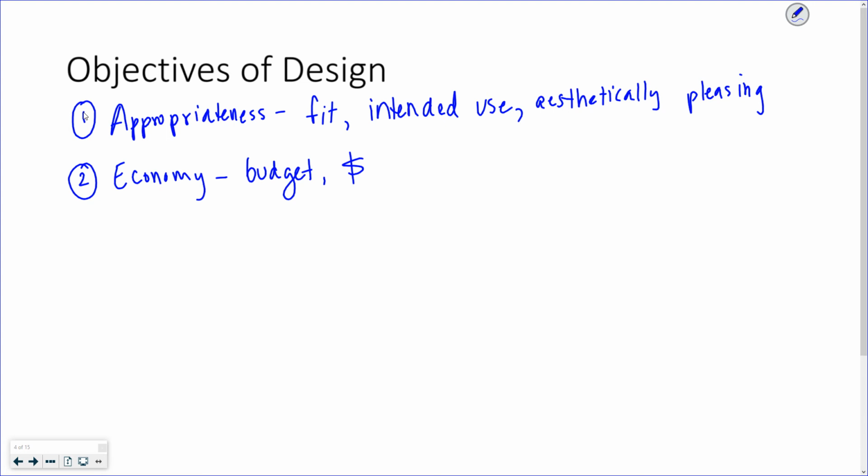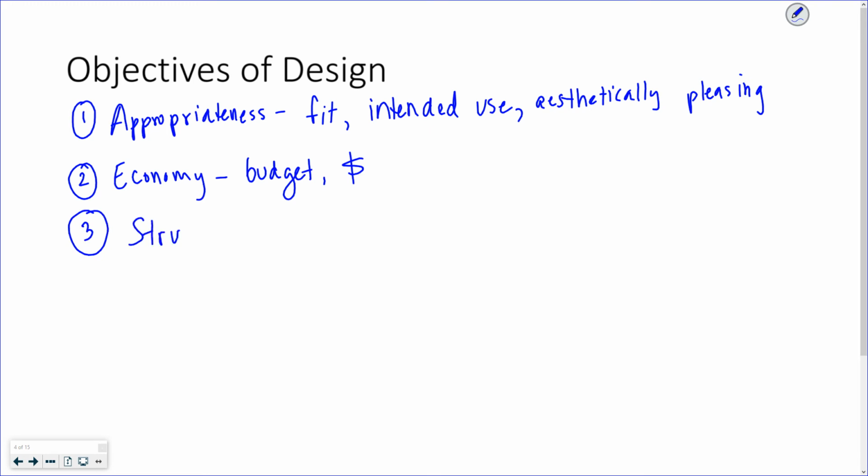So while you might want to use steel, concrete would be a lot cheaper. Maybe labor, you have a lot of people who know how to build with concrete, but not steel, something like that.